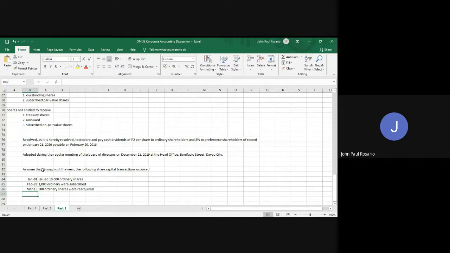And then on June 30, 5,000 preference shares were issued. On August 2, 200 preference shares were subscribed.